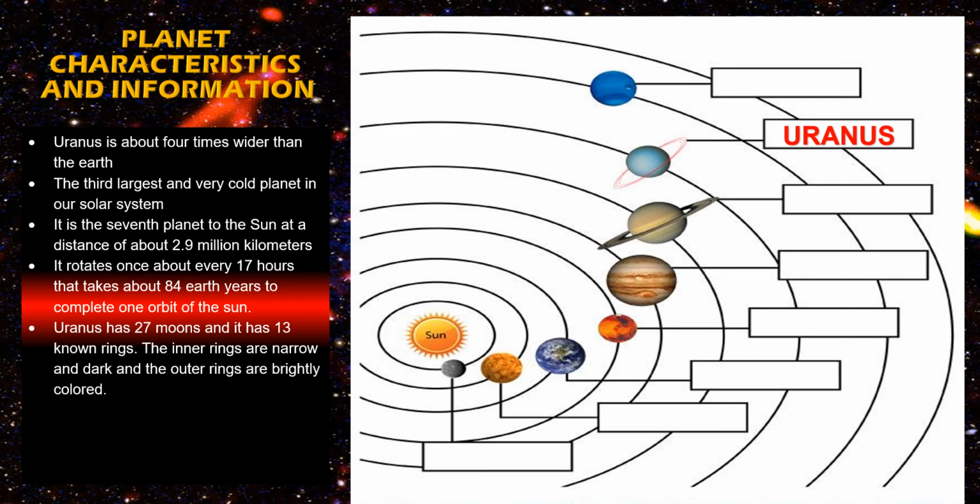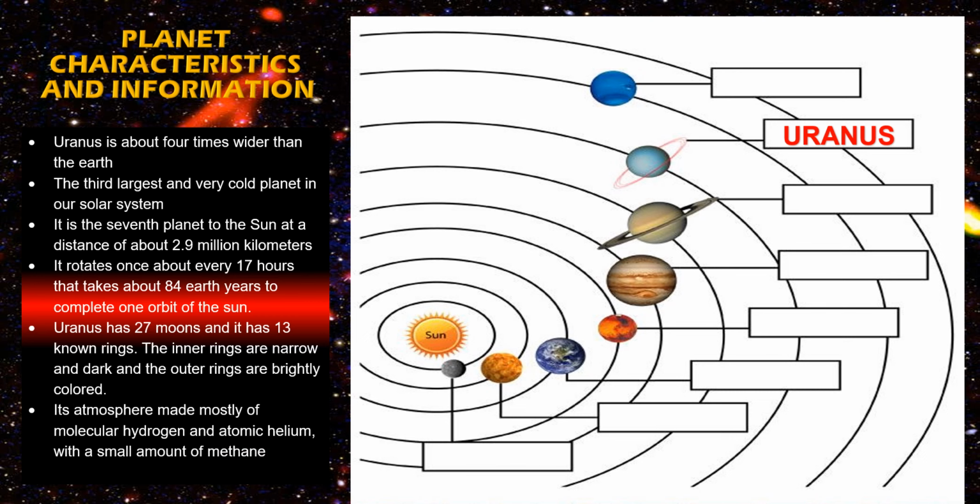Uranus has 27 moons and 13 known rings. The inner rings are narrow and dark, and the outer rings are brightly colored. Uranus has an atmosphere made mostly of molecular hydrogen and atomic helium with a small amount of methane.